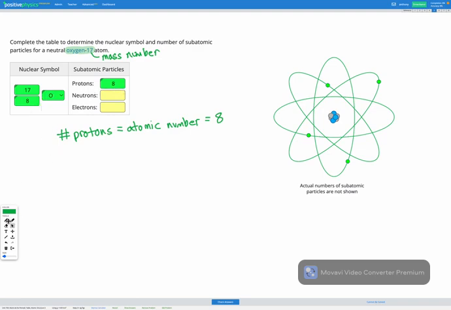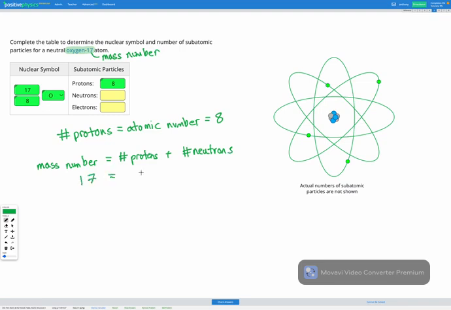Next, looking at the neutrons, the mass number, which is that number on the top of our nuclear symbol, tells us the number of protons plus the number of neutrons. And the mass number in this question is 17.